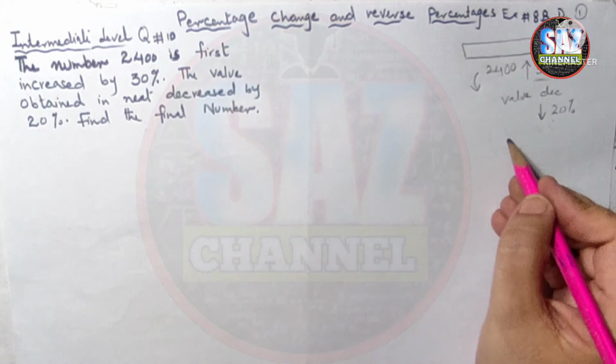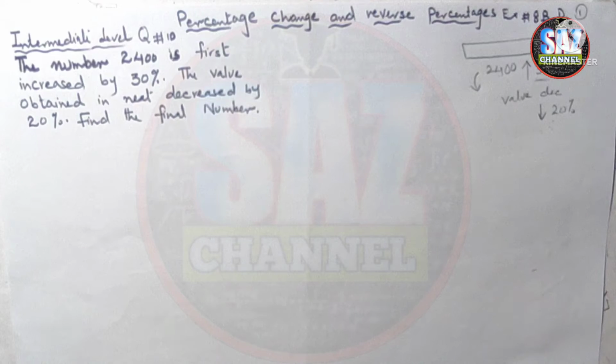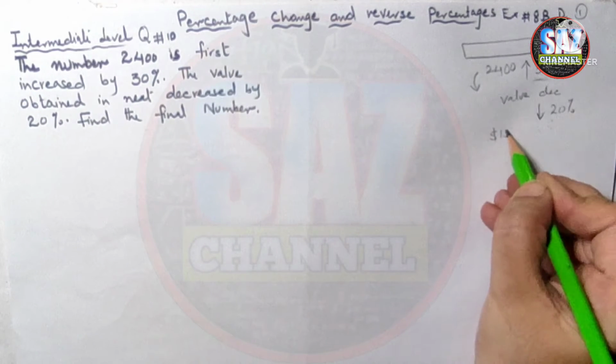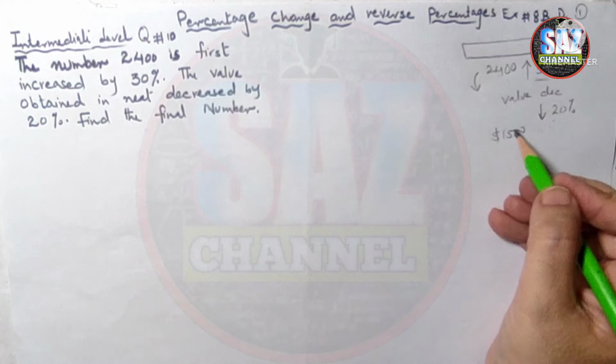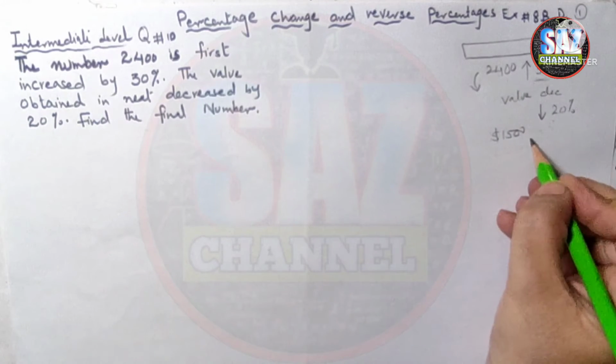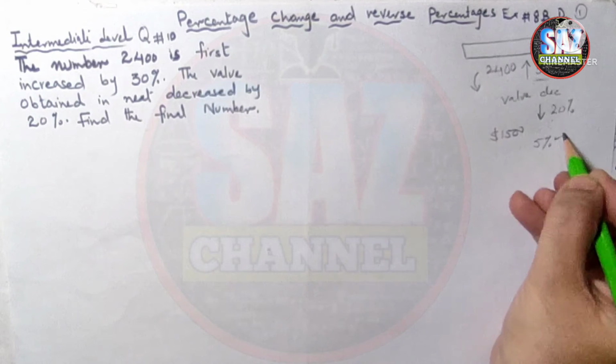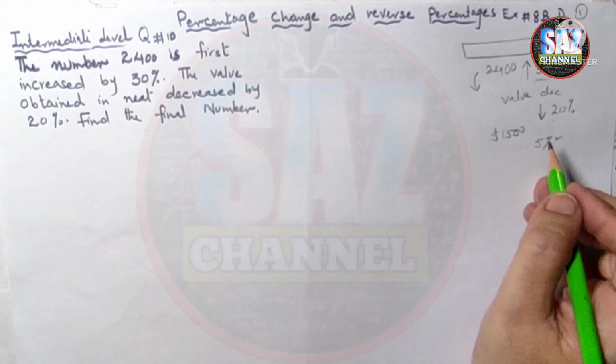Suppose we are earning $1,500 per month, and now suppose there is an increase of 5% coming in our monthly earning. So what does that mean?